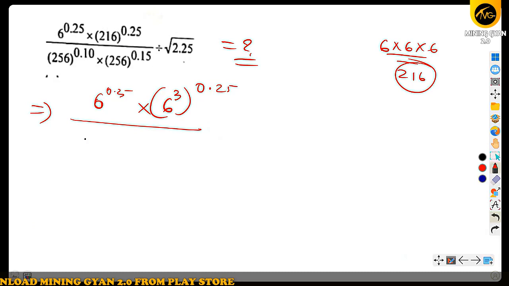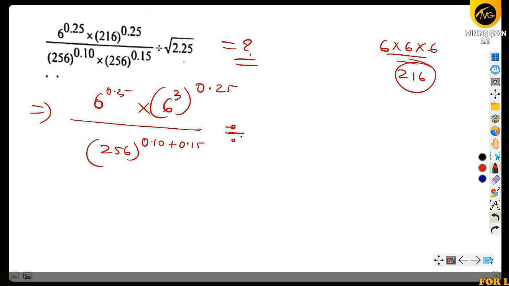And 256. Okay, 256. So we can add the power 0.10 plus 0.15, correct.